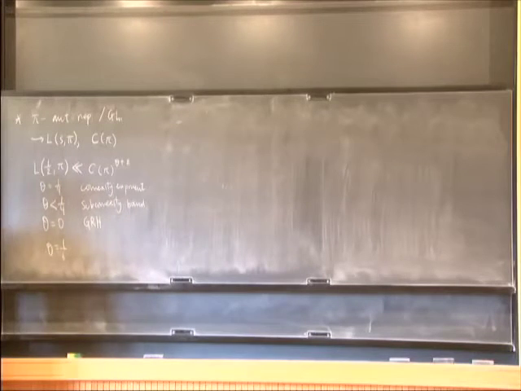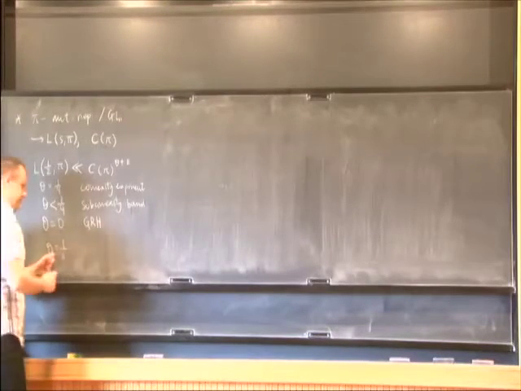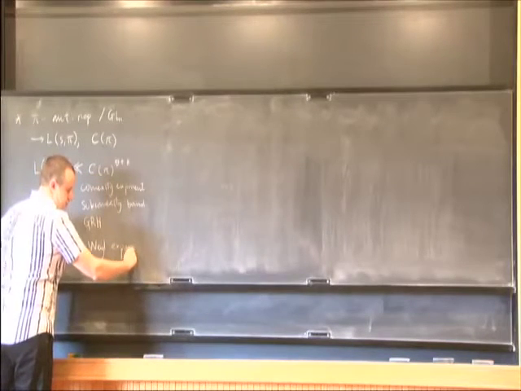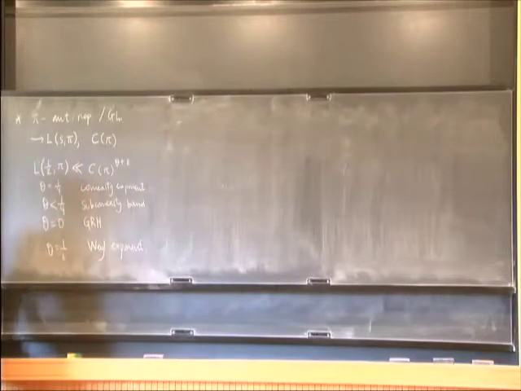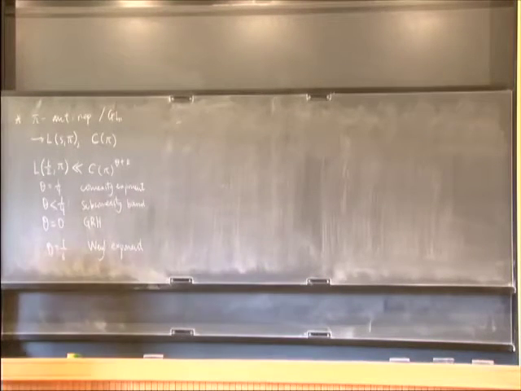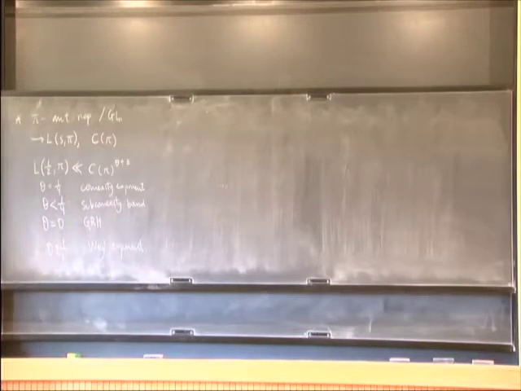For example, if you look at GL2 L functions in the T aspect, then such a bound is known. And this exponent goes under the name of Weyl exponent by analogy with the zeta function case where it is obtained by Weyl differencing. But what I do want to say at this point is that this exponent has somehow achieved the status of a gold standard.